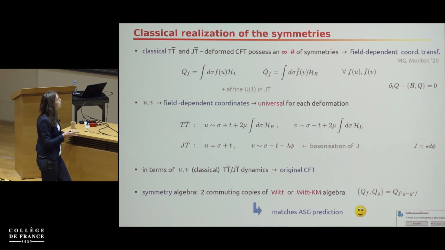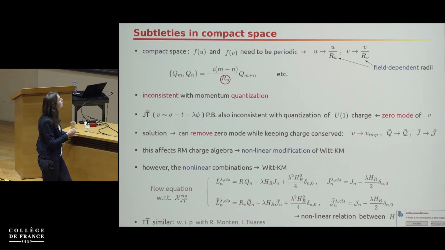But now you notice that in order for them to be periodic, you need to divide U and V by their respective periodicities, which for these three coordinates are actually field dependent. So for this one it is the radius plus 2 mu right-moving energy, radius plus 2 mu left-moving energy, and this is radius minus lambda times the winding of the field phi.